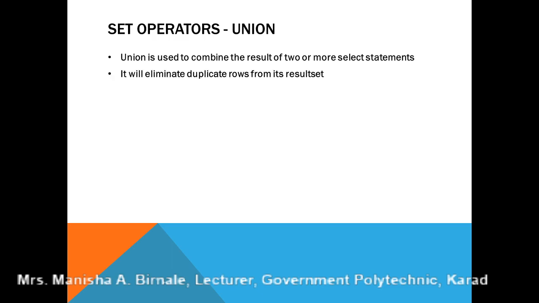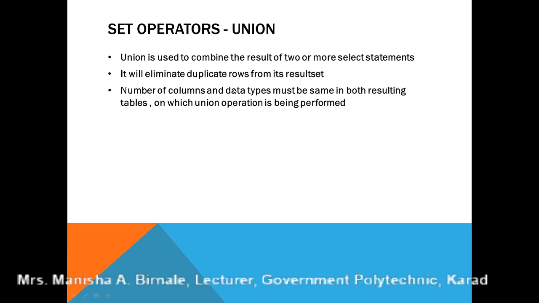While taking the union, this operator will eliminate duplicate rows from its result set. Suppose you have written query 1, after that the union operator, and then query 2. If in the output of query 1 and query 2 there are some common values, then those common values, the duplicate rows, are eliminated by this union operator.